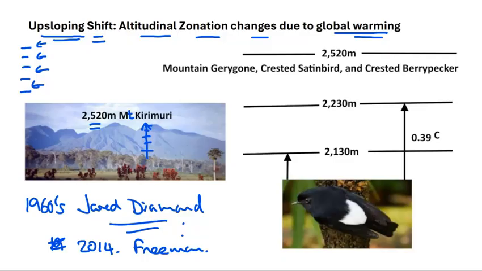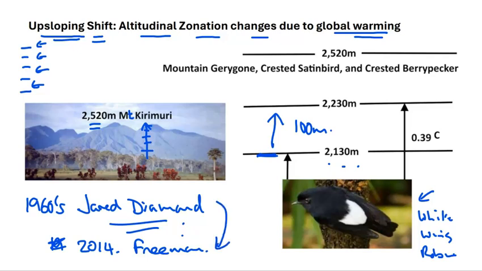In this study, the bird which is shown in the image here, a white-winged robin, had its distribution limits change from an upper limit of 2,130 meters to at least 100 meters higher, in the time frame between when Diamond and the Freemans carried out their studies.